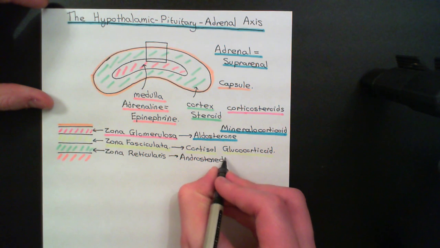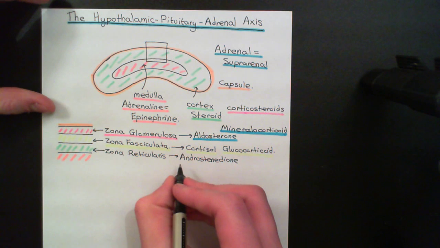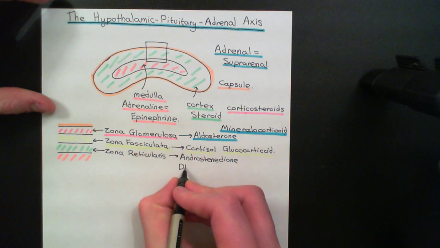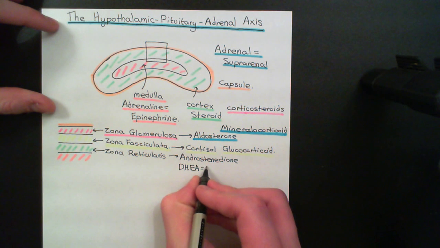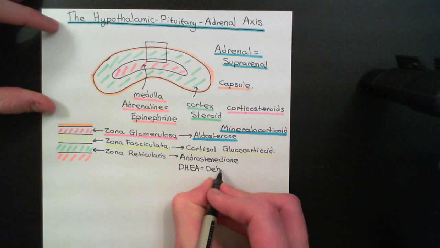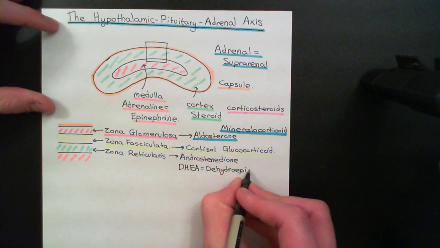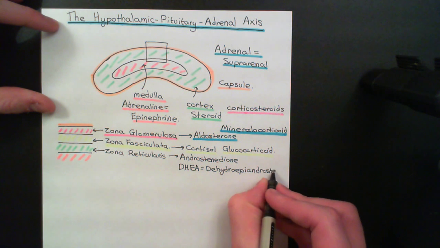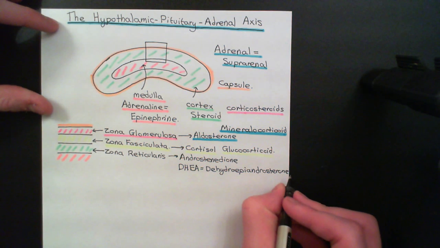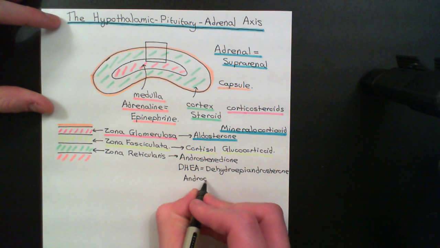Androstenedione. And then the other one is dehydroepiandrosterone, which is often abbreviated down to DHEA, like so. So this stands for dehydro, and then epiandrosterone. Okay, like so. So both of these are androgens, so they're both grouped under androgens, and of course they are corticosteroids.